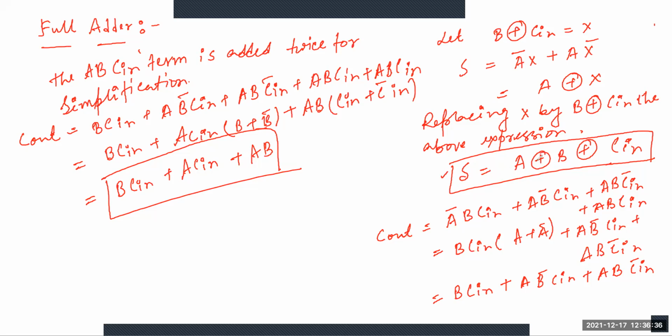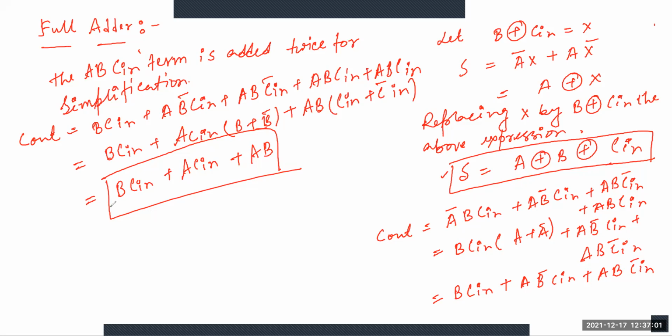AND, OR, or XOR? No, for sum I am just asking only for sum. XOR gate, XOR gate. So here, 2 input or 3 input? 3 input.